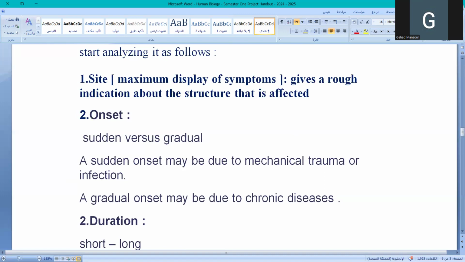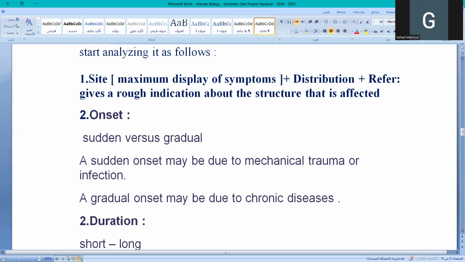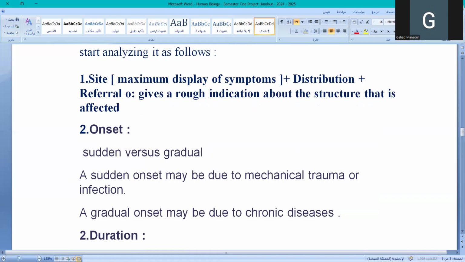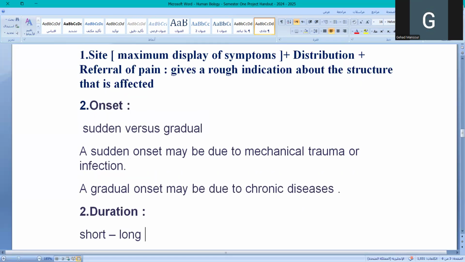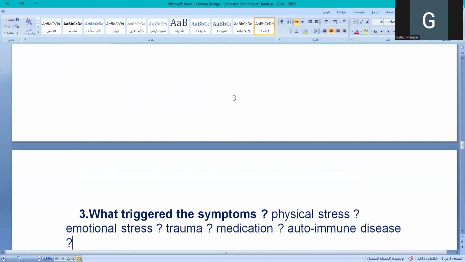This is the site of maximum display of the symptoms, but you can also add to this the distribution, meaning that there might be weaker pain in other areas. You can also add referral of pain, because the main pain might be in the back, for example, but it can also be referred through nerves to another area, for example, the back of the leg in case of sciatica or inflammation of the sciatic nerve.